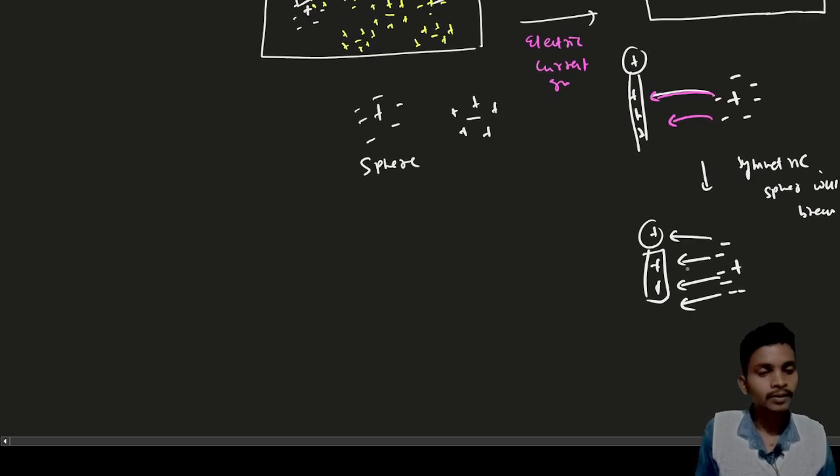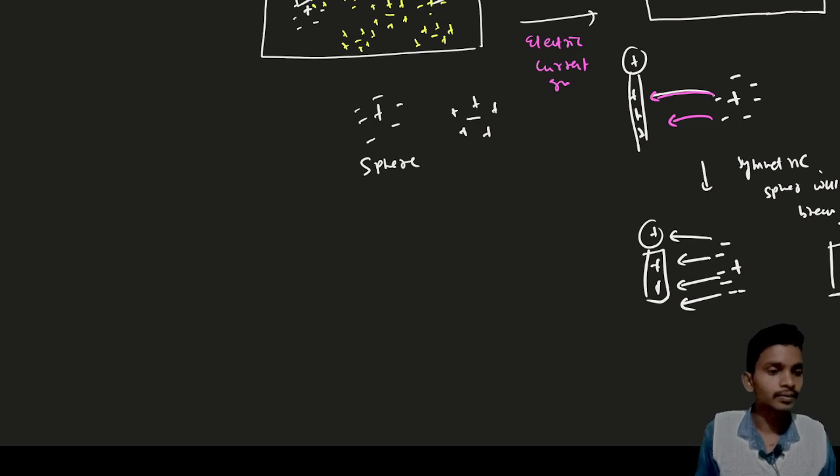Similarly, here the negative rod is there, and this positive charge is getting attracted towards it. This positive charge wants to move to this rod, and the negative charges are again attracted towards this positive charge.